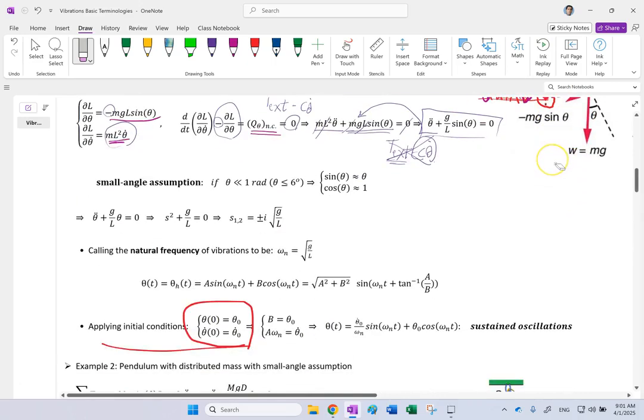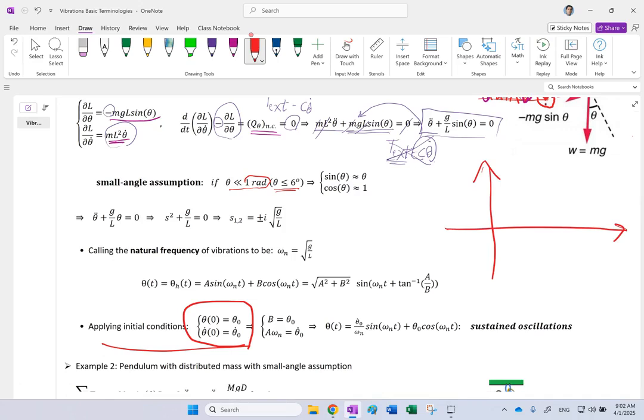Now, what is small? What's the meaning of small here? Many textbooks say, hey, it's much less than 1 radian. Well, how much less? Typically, when the angle is below 6 degrees. If you plot the sine function, so this is sine theta, and remember this guy here is 180.